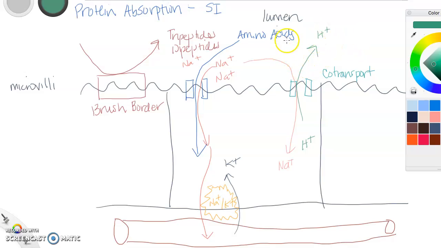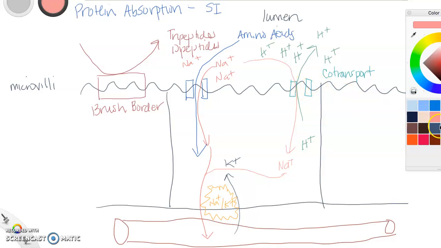So as that's happening, basically a gradient for hydrogens is being created here. Again, the sodium is still going to continue to move because it gets pumped out by the sodium-potassium pump.